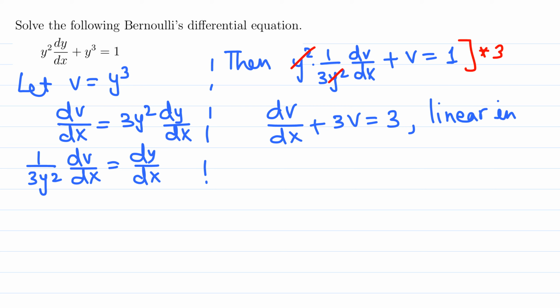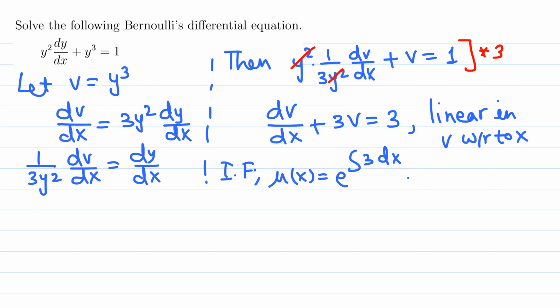And as soon as we have a linear ODE, we find an integrating factor. The integrating factor mu is e raised to the integral of this function, which is only 3 in this case, 3 dx, which is e raised to the antiderivative of 3, which is just 3x.